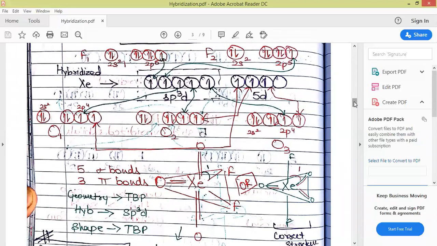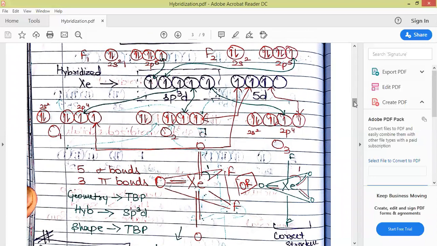In the case of hybridization, while promoting the electrons for the excited state, we can easily tell which bond is forming between which orbitals, which orbital of the central atom is participating in the formation of the bond and which orbital of the corner atom is participating.